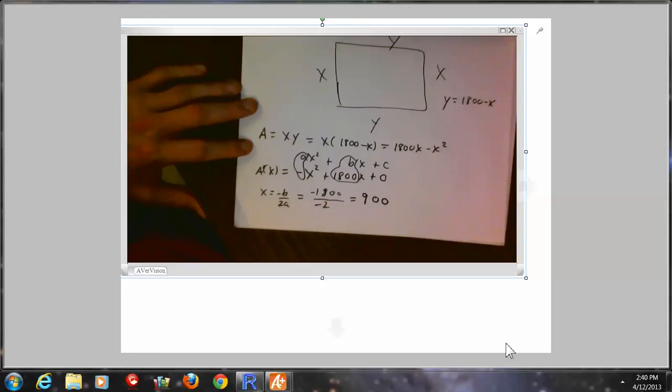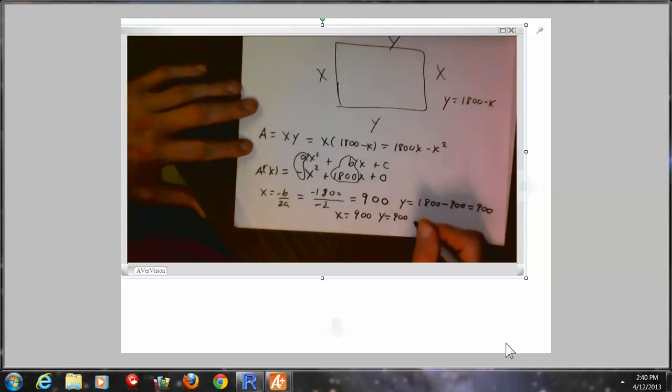Now, to find the y coordinate, we know that y is equal to 1,800 minus x. Well, x is 900, so this is also equal to 900. So we wind up with x is equal to 900 and y is equal to 900.